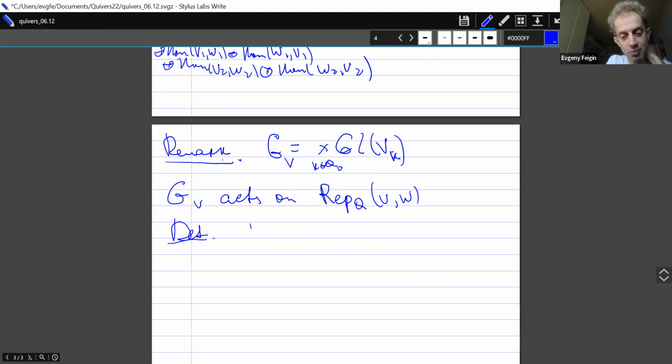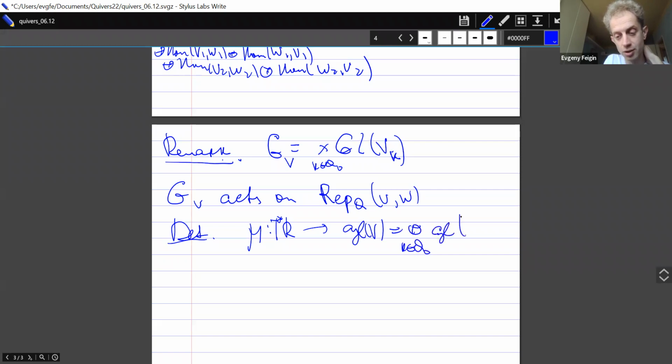Okay, so now let's put forward the following definition. So we want to construct the map mu from T star R to the direct sum over K of gl(VK), which is gl(V).